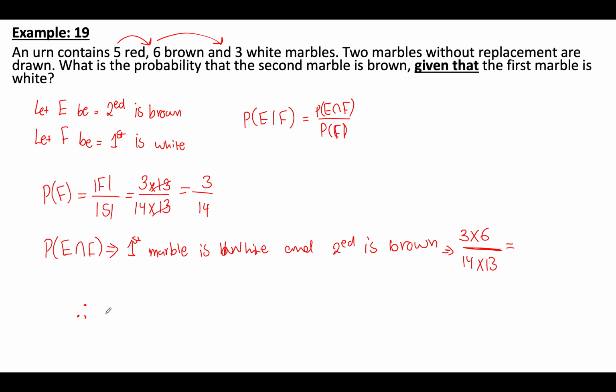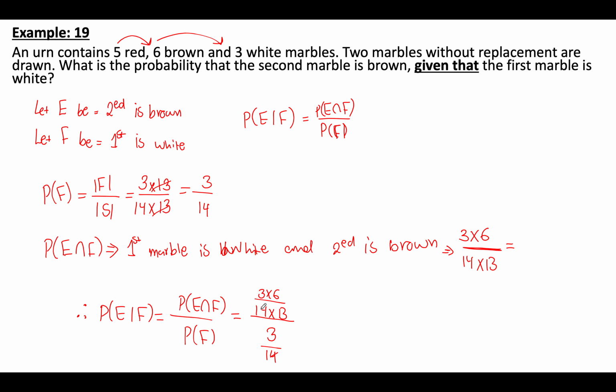Now, the probability of E given that F is equal to the probability of E intersect F over the probability of F, which is equal to 3 multiplied by 6 over 14 multiplied by 13. And here we got that the probability of F is 3 over 14.